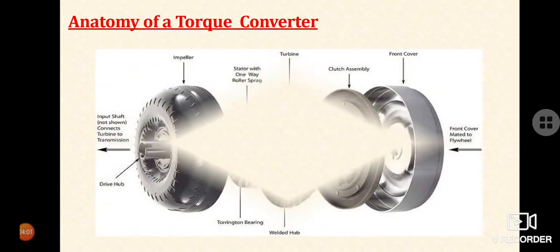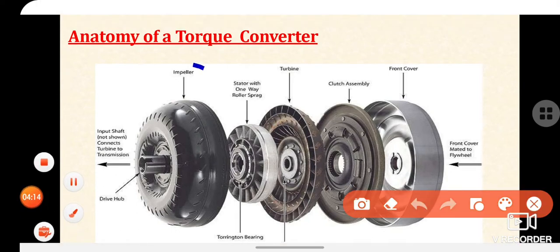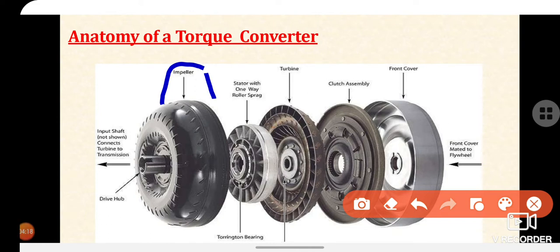Let's discuss its anatomy. So it's impeller or pump. Here this is the impeller section. Generally, impeller is connected to the housing, and housing connected to the engine shaft.